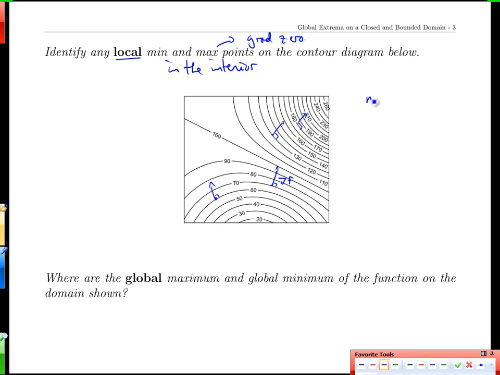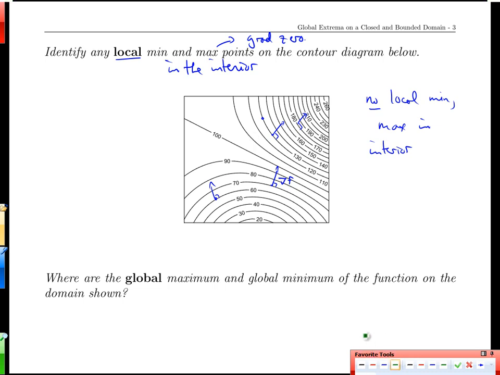And so this particular function has no local min or max in the interior. The gradient is always defined everywhere. The gradient is always non-zero everywhere. If I pick a point, I can always go uphill in a small step, and so I can't have anything that's the lowest point or a highest point.